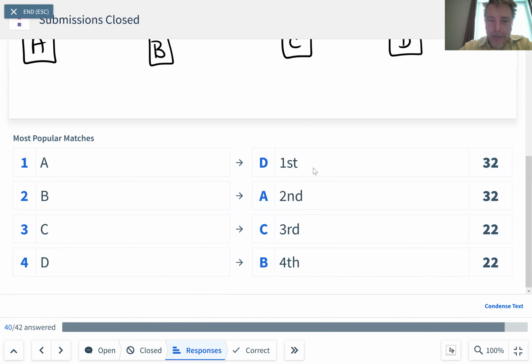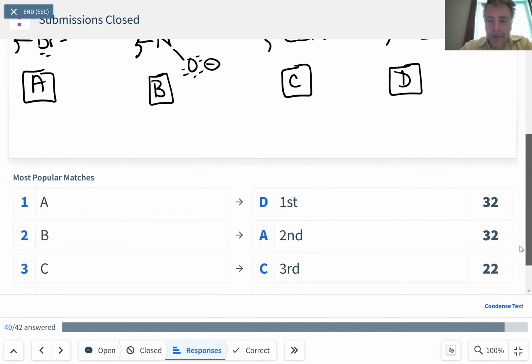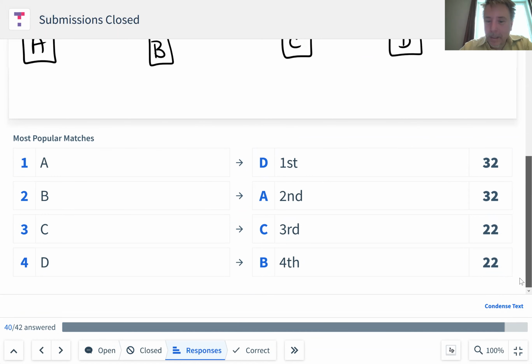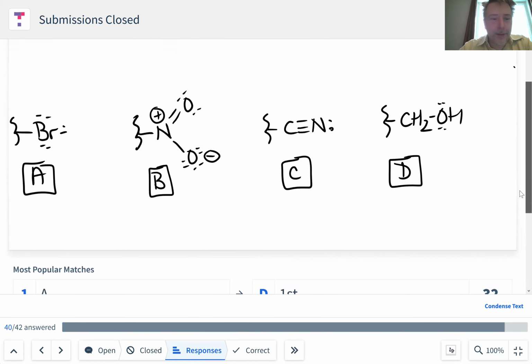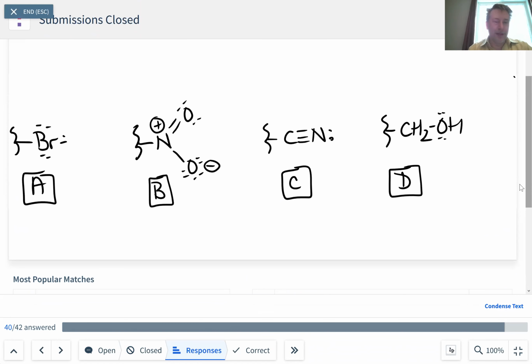So A first, B second, third, fourth. So basically going 1, 2, 3, 4. Okay, let's see how this works out here. So compared to last time, the numbers are much more homogeneous, so to speak. Okay, and each one has got its own different. So okay, that's good. Now what am I doing? I'm trying to get my little drawing thing here.